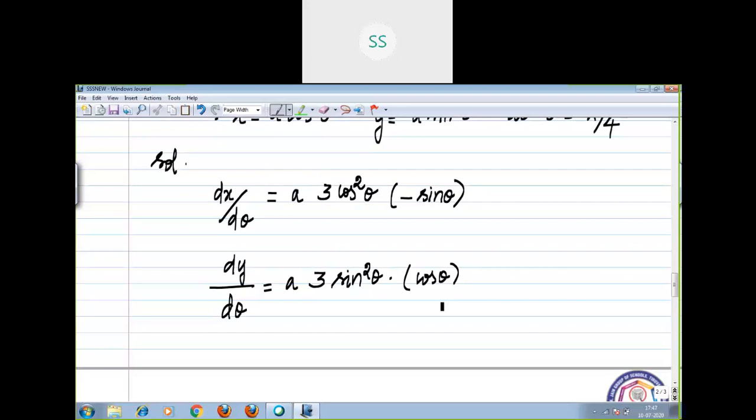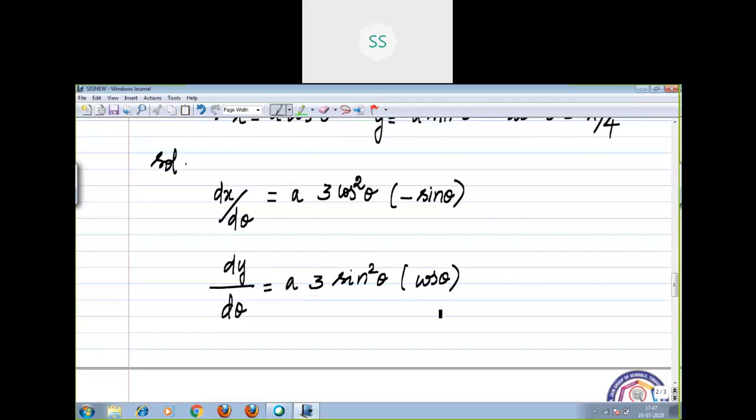Cos theta. Right? When you differentiate cos theta, you will get minus sine theta. When you differentiate sine theta, you will get cos theta. So 3 sine square theta into cos theta.